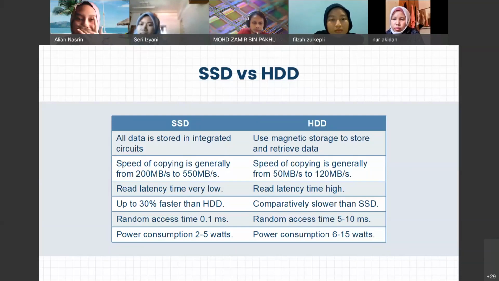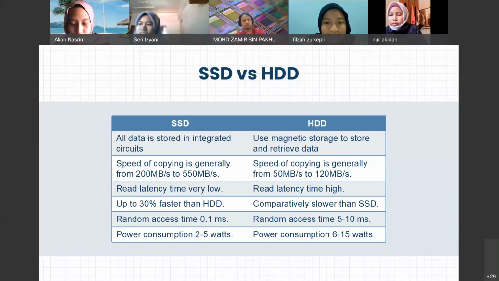The latency time in SSD is lower than the HDD. In order to access the data, an HDD mechanical arm has to move to the right location on the storage platter to locate specific data, while SSD is able to access data electronically, and that allows it to quickly access data.